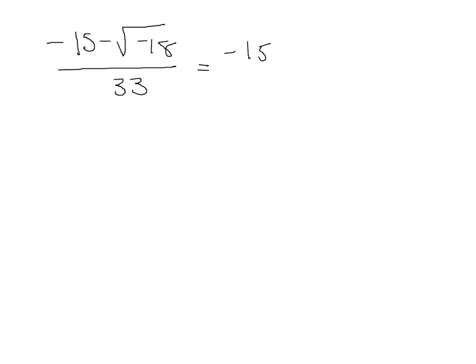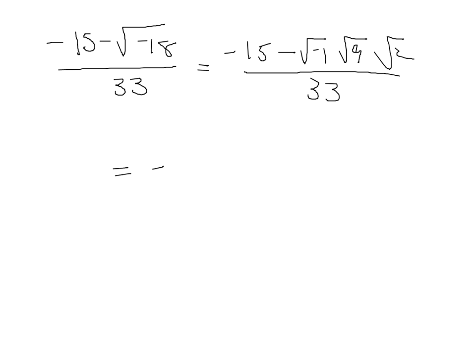Let's look at one more of those. -15 minus the square root of -18 all over 33. That is -15 minus the square root of -1 times the square root of 9 times the square root of 2, since 18 is 9 times 2, all over 33. So it becomes -15 minus 3 square root of 2 i all over 33.